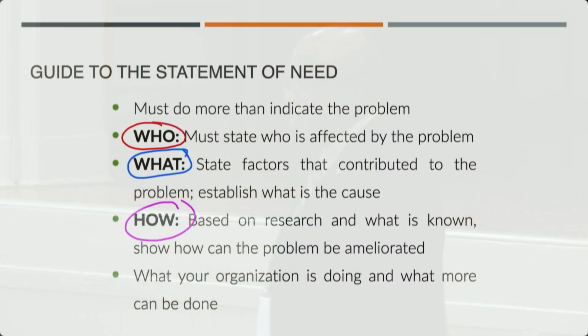Once you identify that community problem, I want you to begin the process of identifying who is affected by the problem, who the affected parties are. Make it as exhaustive a list as you can. Then identify what you think some of the factors are that contribute to the problem. And then number three, talk about how, based on what is known, you think you might preliminarily be able to address the problem.